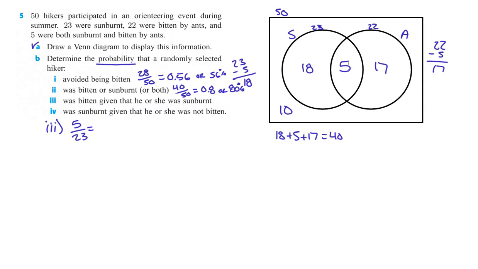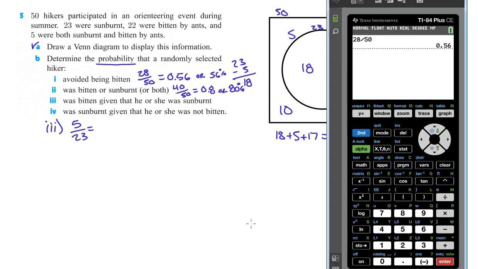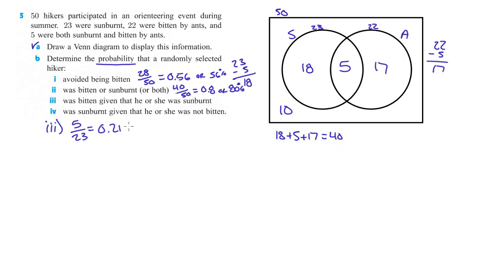Just those 5 were bitten by ants. Okay, so we do 5 divided by 23, and we get 0.217, so we'll say 0.217 or 21.7%.